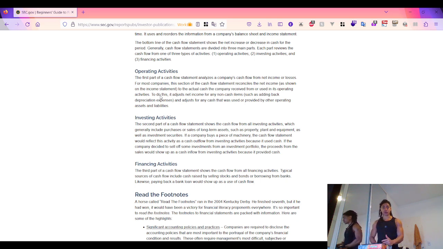Other examples of prepaid expenses are rent, marketing, office supplies, software licensing, and maintenance contracts.